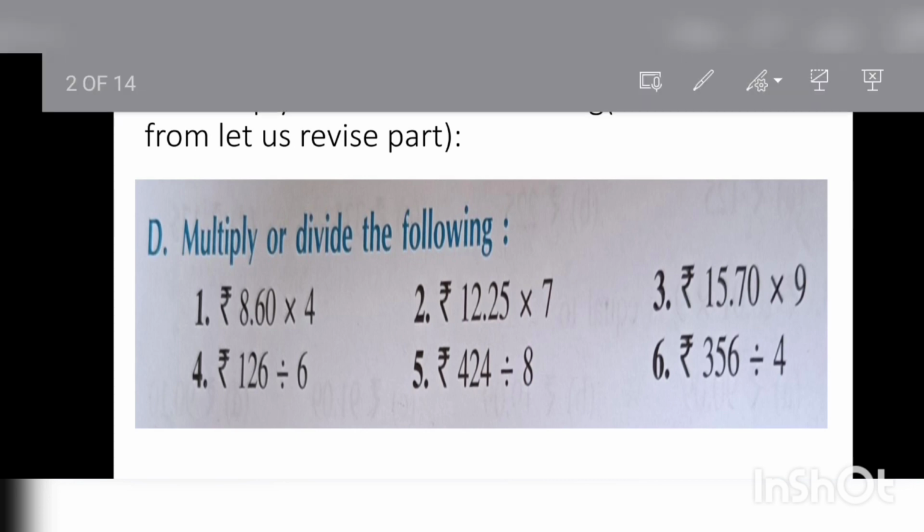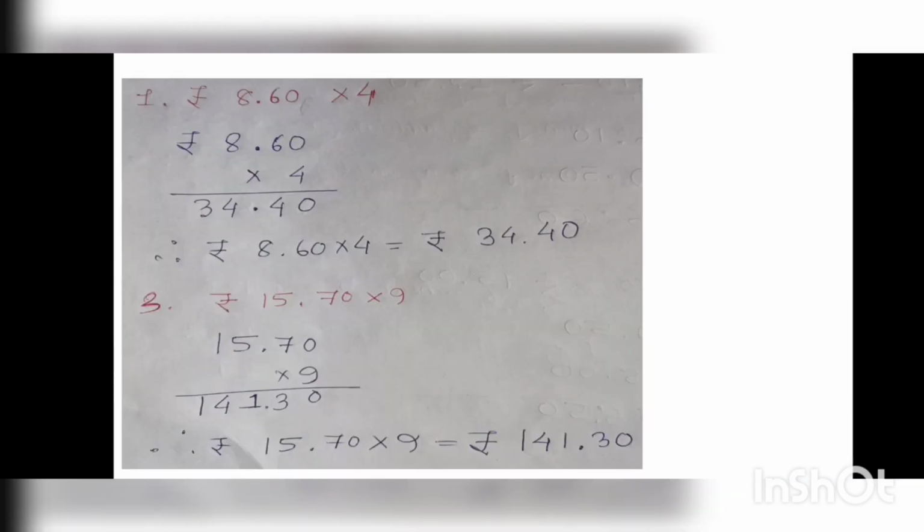So, the first question from the D is rupees 8.60 into 4. Here you have to multiply rupees 8.60 by 4. Now see the answer of this question. Rupees 8.60 by 4.